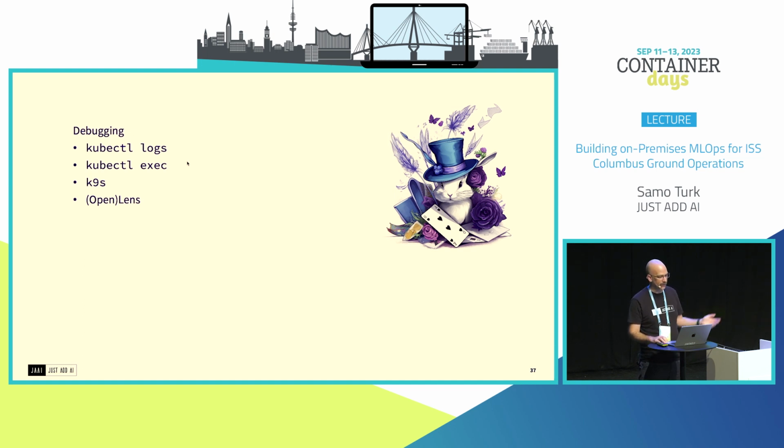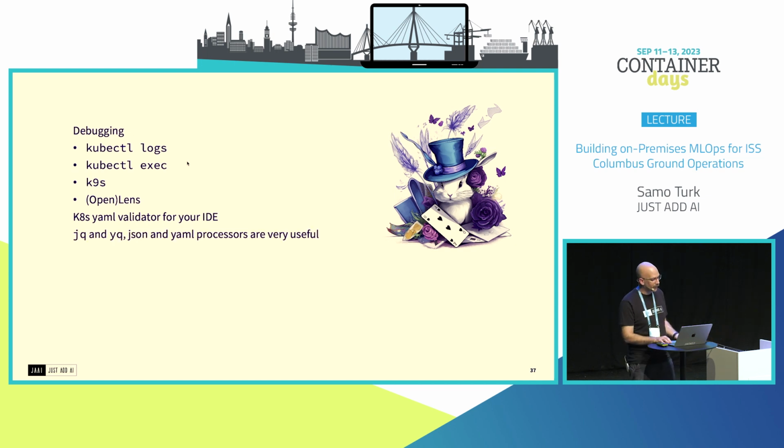But at least as initial steps, you can look into logs with kubectl logs, you can log into your pod and poke around there with kubectl exec, and there are also other nice tools which you can use to poke around, like K9S, Lens, and others. We strongly recommend using a YAML validator for your IDE, so it's going to save you some pain. That's also something that was not obvious for us initially. We're using jq and yq as JSON and YAML processors, so also very useful tools.